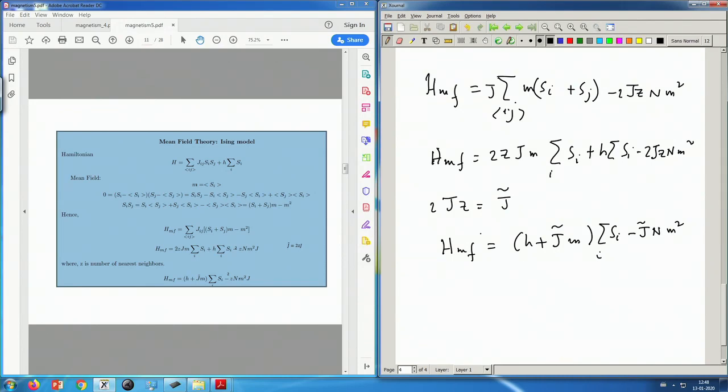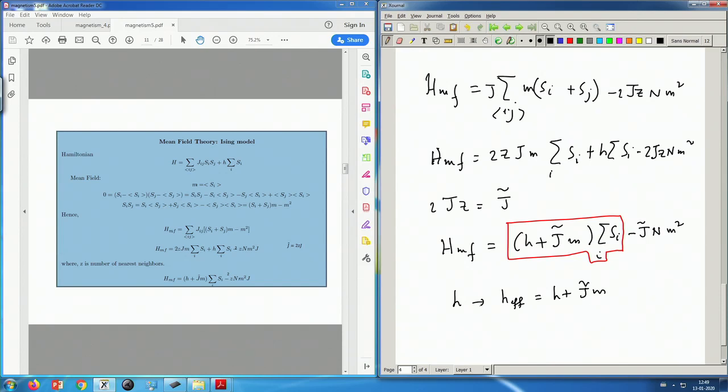Now, if you look at this part of the Hamiltonian, all you have done is replaced your magnetic field by an effective magnetic field, which is H plus J tilde m, proportional to the magnetization.